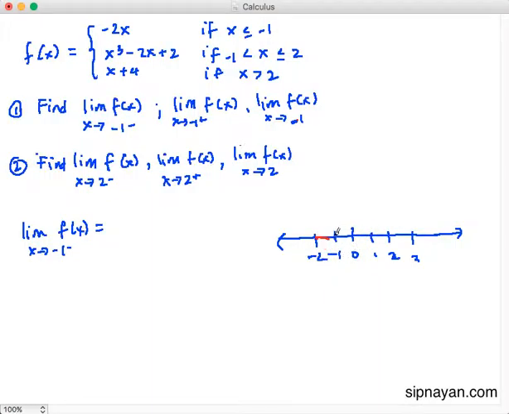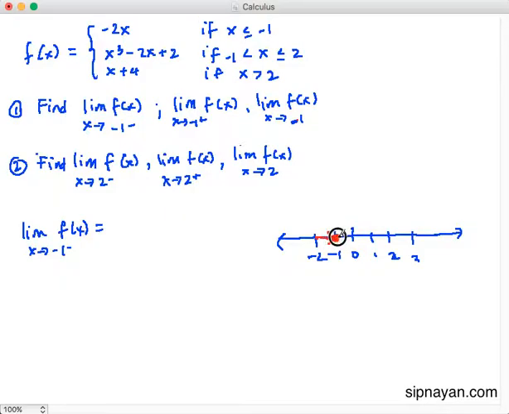This is our arrow. So, it means the values of x are less than negative 1, which is this one here, because this side is greater. The equal sign here is not a problem, because we said we are not concerned with the point itself.